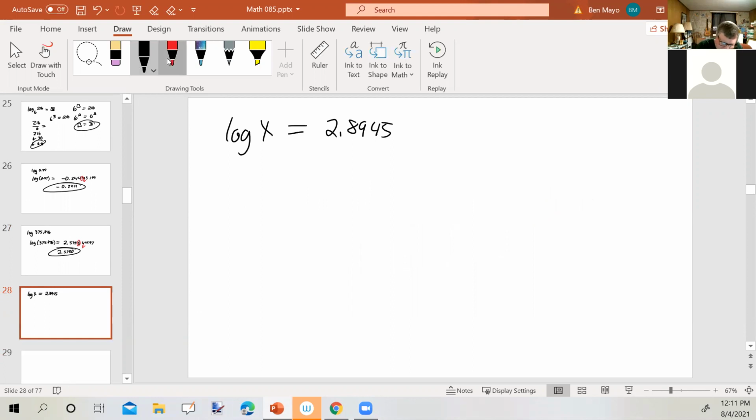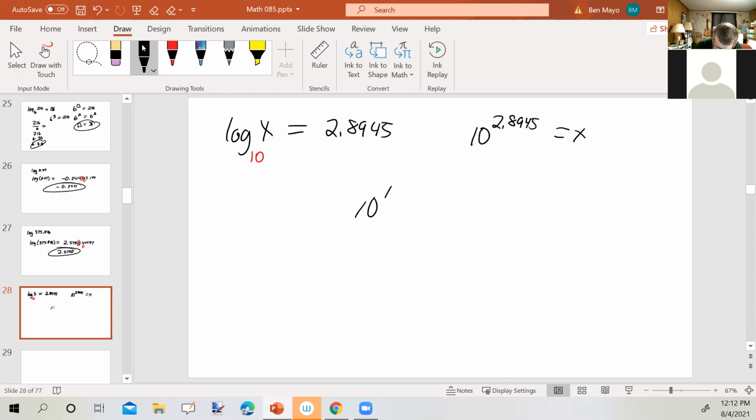The thing I've got to remember is that there's an implied 10 there, log base 10. So changing this logarithmic equation into an exponential equation, I get 10 raised to the 2.8945 power equals x.